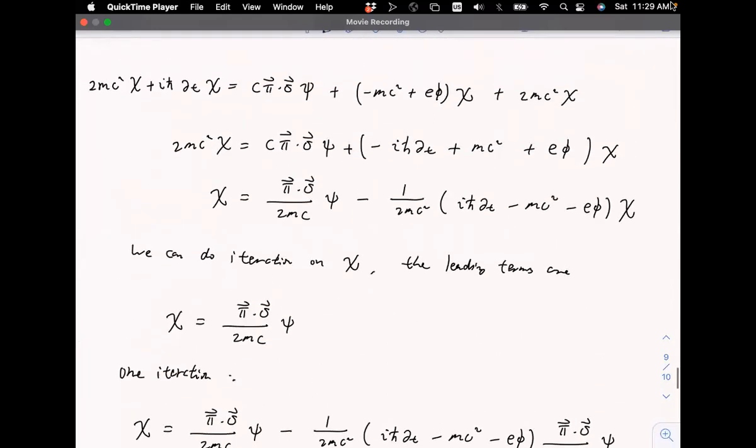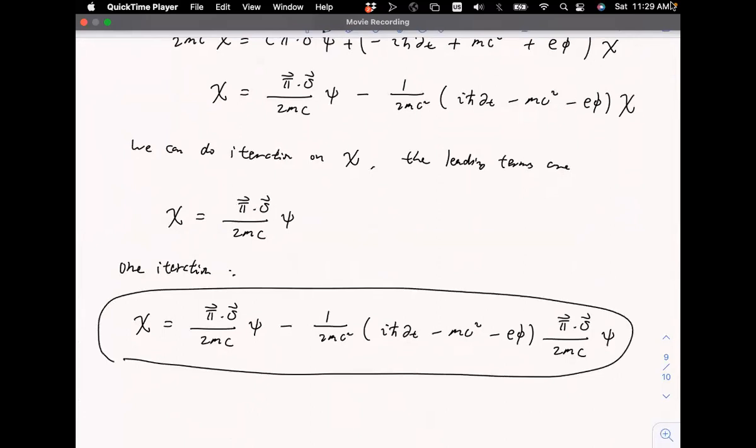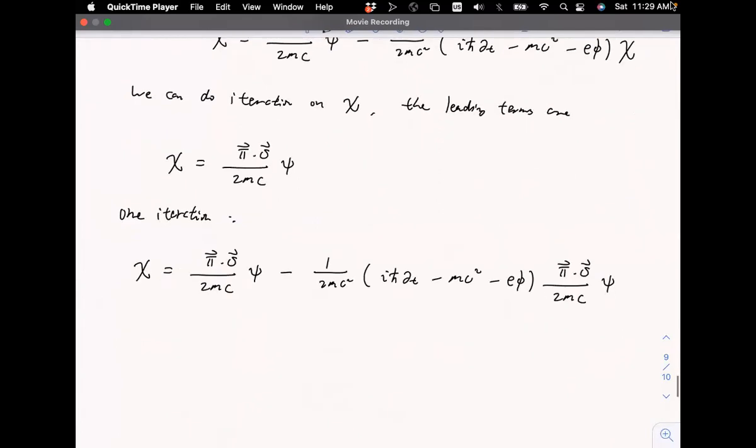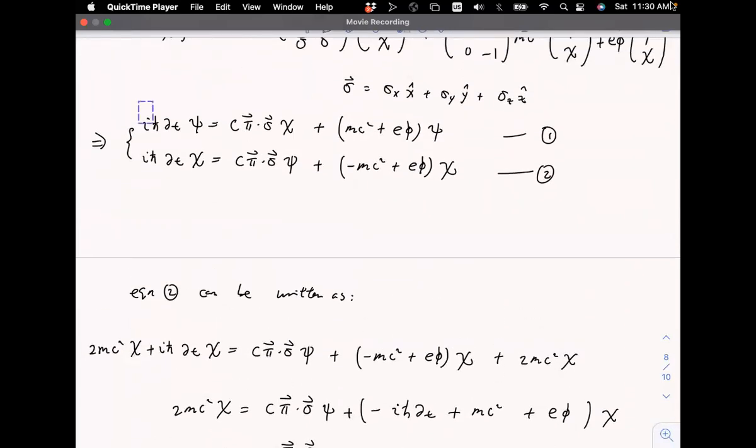Okay, so this is an expression of chi in terms of phi, to the order of 1 over C squared. So that is all we are going to do. We will only cut it up to 1 over C squared. If you have 1 over C cubed, we don't consider those higher terms.